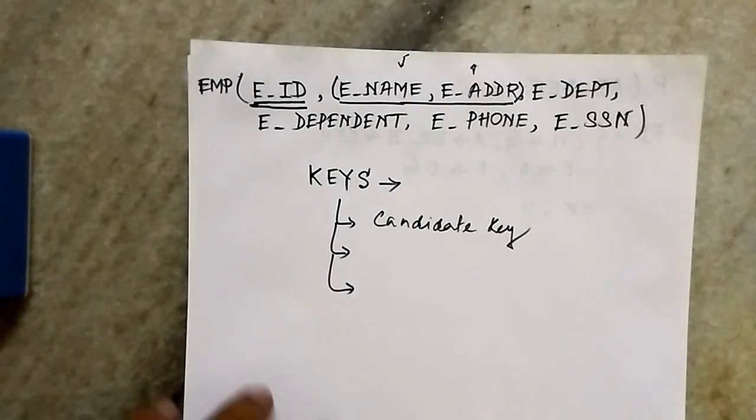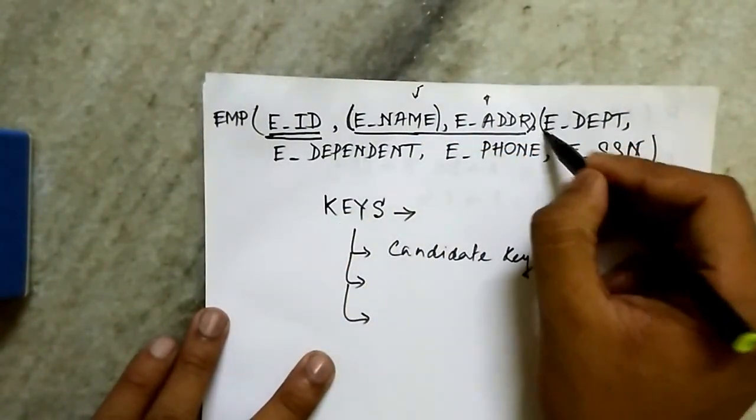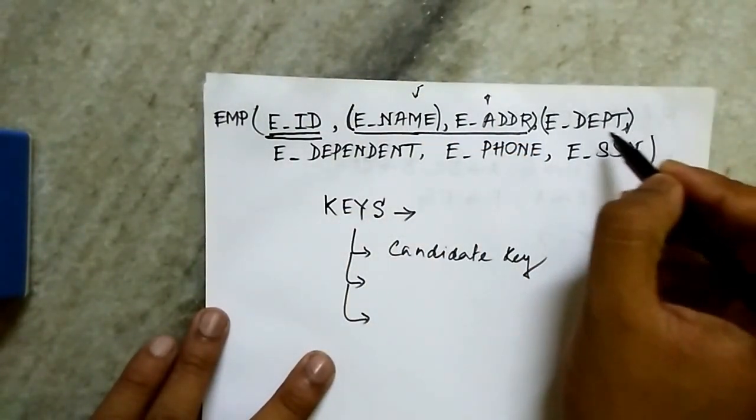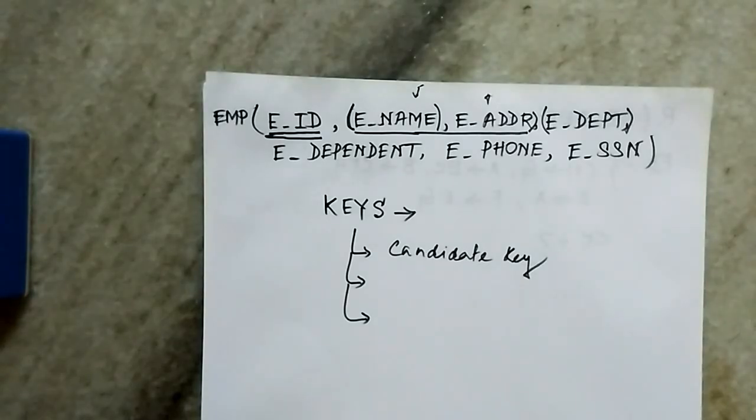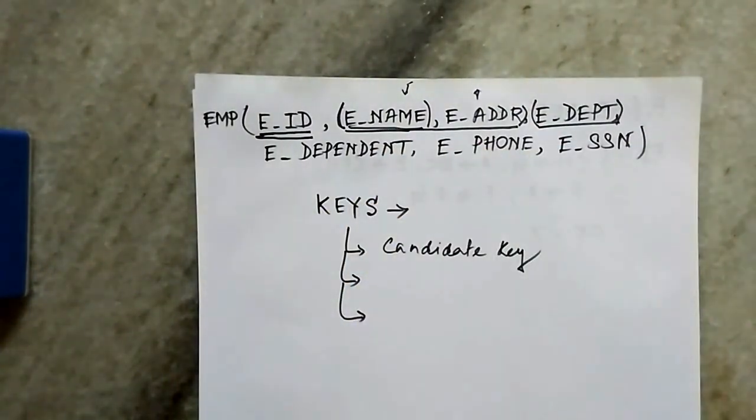You can also say that employee name and employee department also qualify, because for a given department there is no other employee whose name is the same. That is, for a given department R&D, there is only one Arnab or only one Akshay. So employee department and employee name combinedly act as a candidate key.